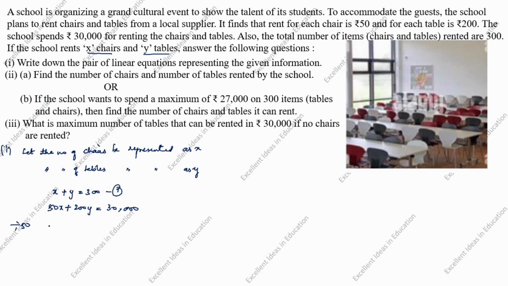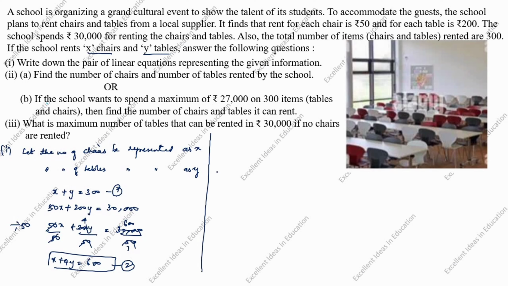Divided by 50, we will simplify this one. 50X divided by 50 plus 200Y divided by 50 equal to 30,000 divided by 50. 50 50 cancel, 0 0 cancel, 1 times 4 times, 0 0 cancel, 1 times 600. X plus 4Y is equal to 600. This is second equation.